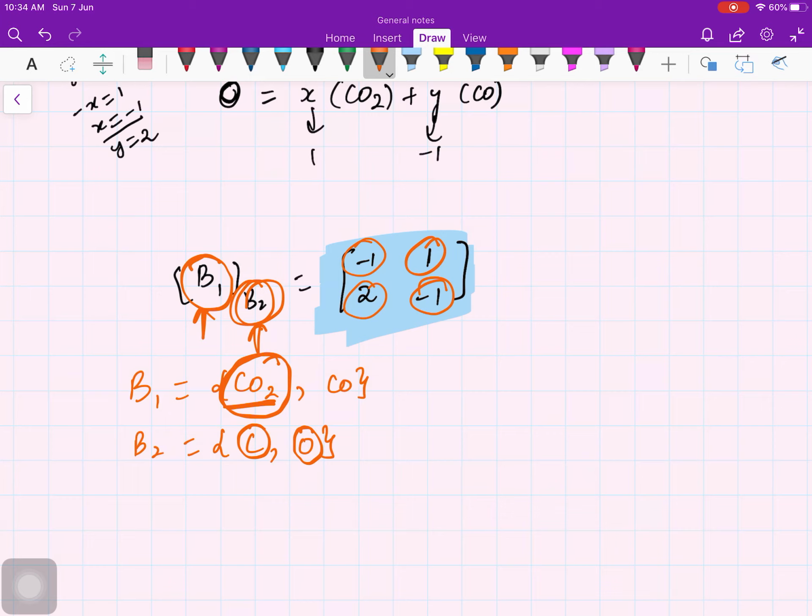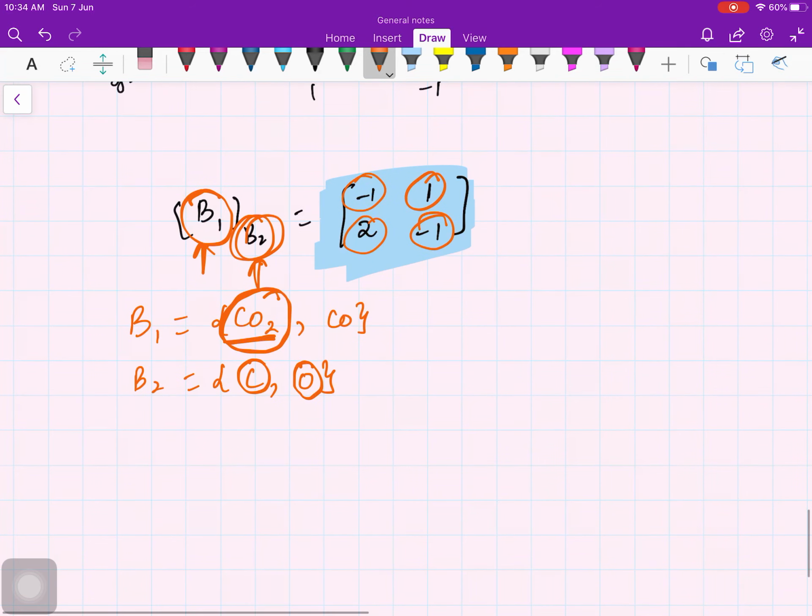So you see, you basically want to write this carbon as half into carbon monoxide. You may think that because you want this to be an oxygen atom, there should be a factor of half, right? So you will get half carbon atom plus 1 oxygen atom.